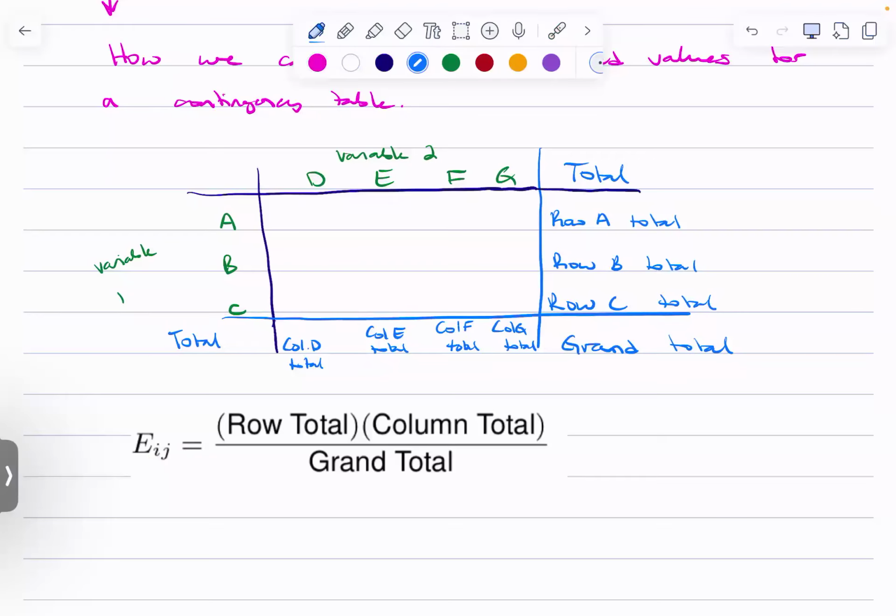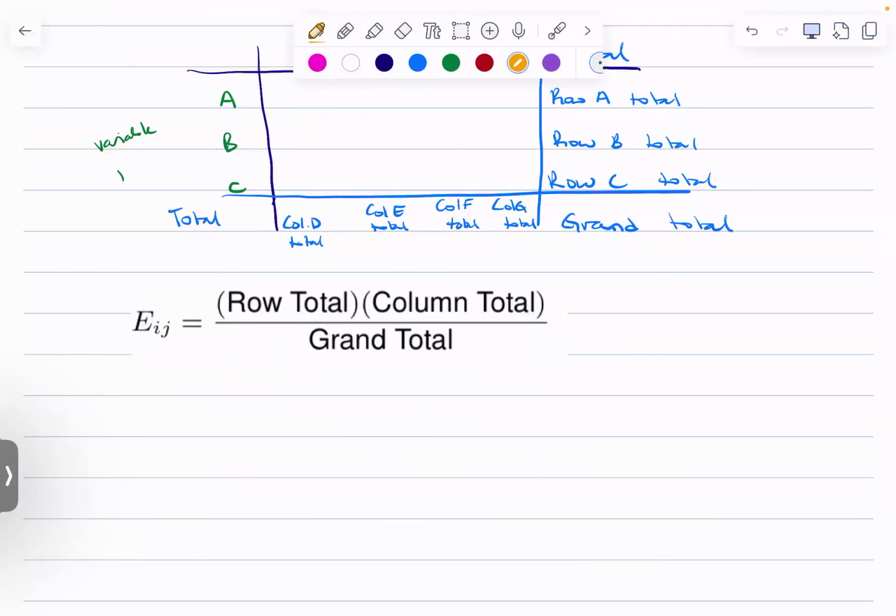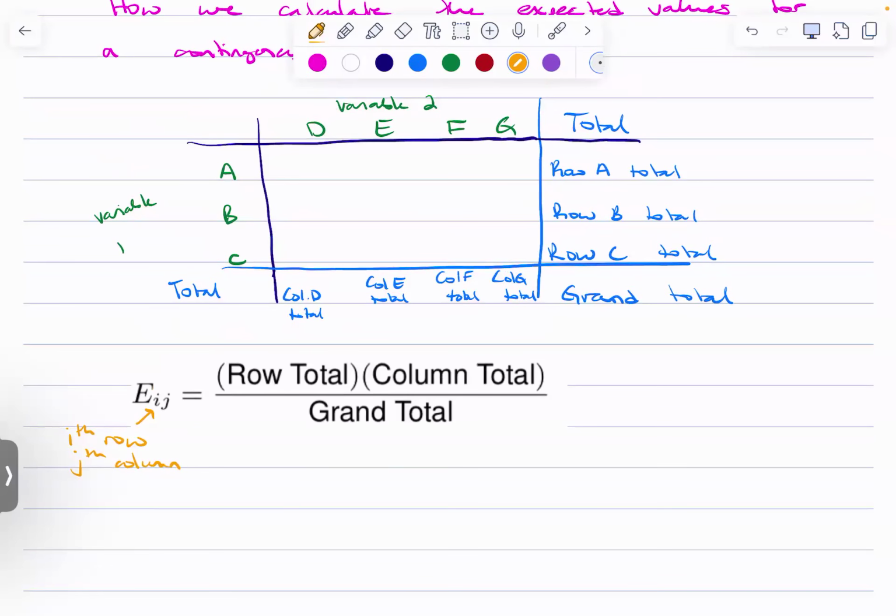So I'll clarify that here. The expected count for the ith row, jth column. So then you would have E11, E12, E13, etc.